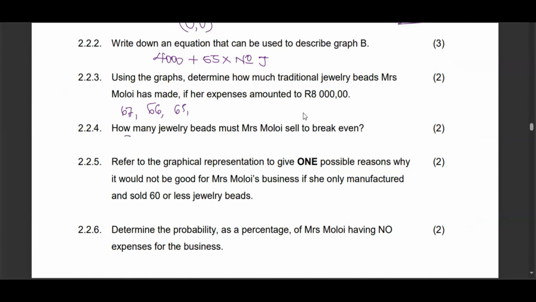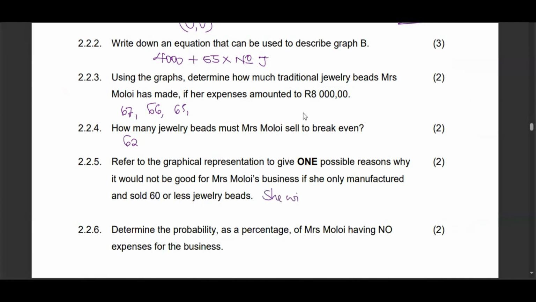So this is around 62. Refer to the graphical representation to give one possible reason why it would not be good for Mrs. Molloy's business if she only manufactured and sold 60 or less.